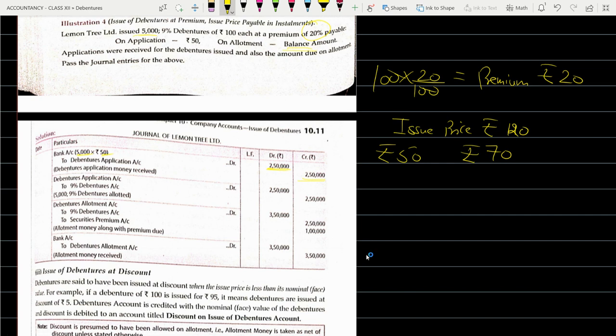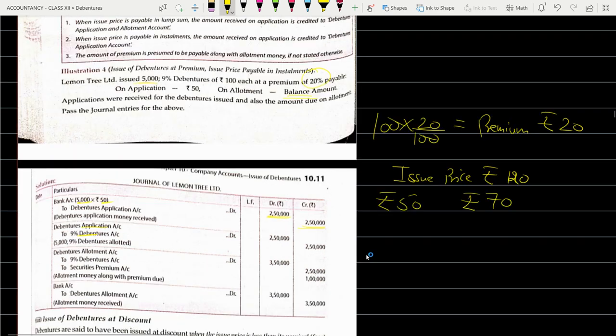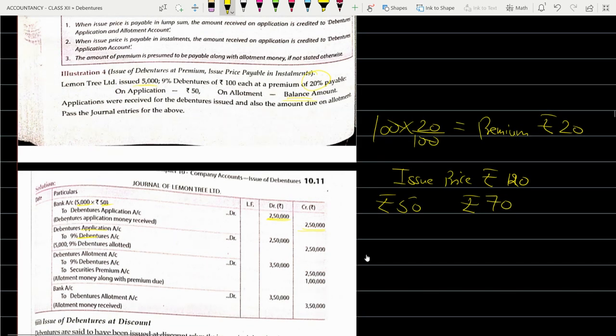So debenture application account debited to 9 percent debenture account, because in the question it is mentioned it is 9% debentures. Many people will get confused. Instead of using this 9 percent, they will make use of this 20 percent, and this makes the entire entry wrong.